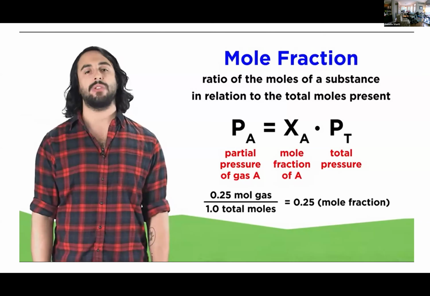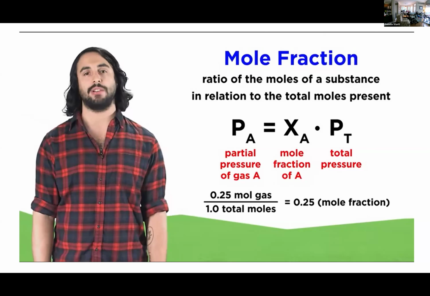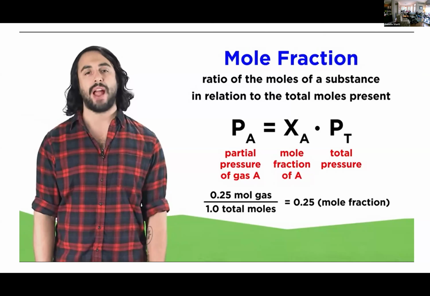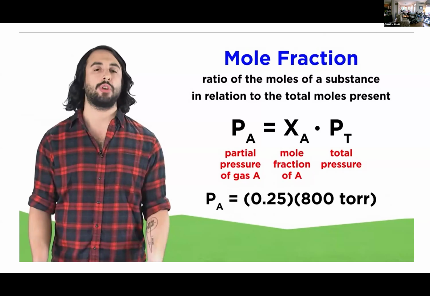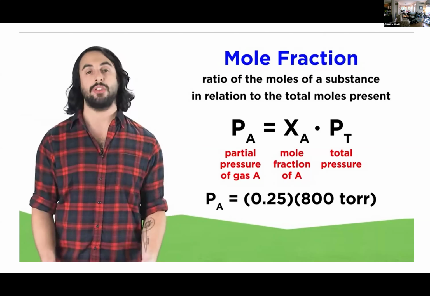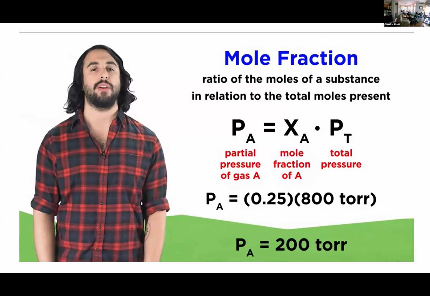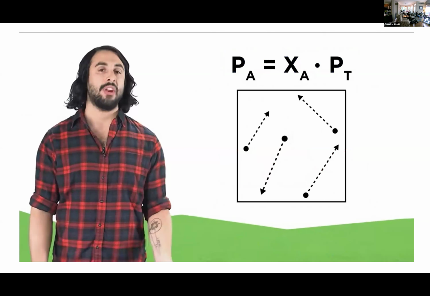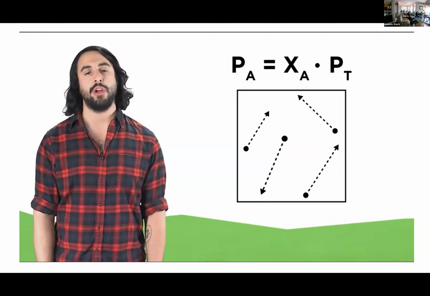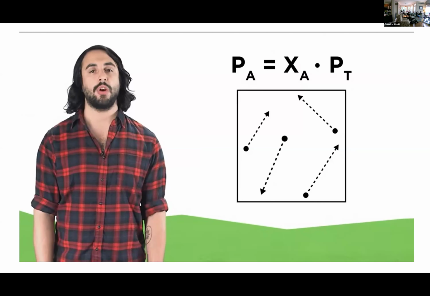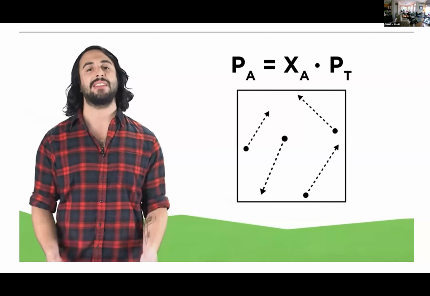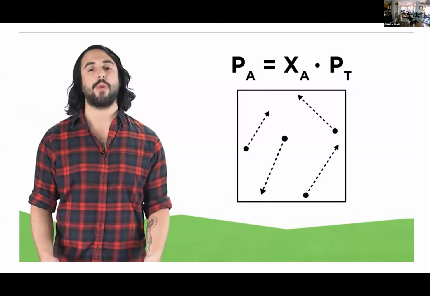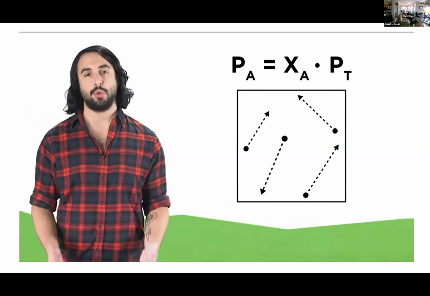So if there were 0.25 moles of a particular gas out of 1 mole of total gas particles, that would mean a mole fraction of 0.25. And if the total pressure of the sample was 800 torr, the partial pressure of the gas in question would be 200 torr. Again, this makes sense on the molecular level when we consider individual collisions occurring between the particles and the sides of the container, and the fraction of these collisions that is represented by any individual substance.